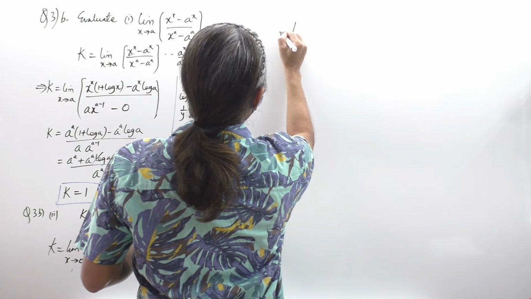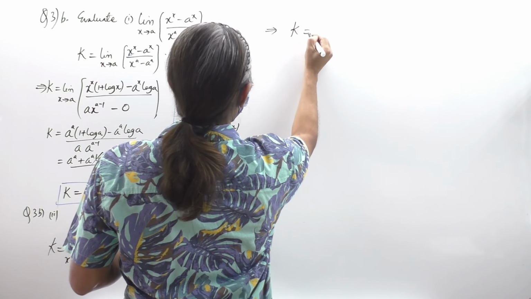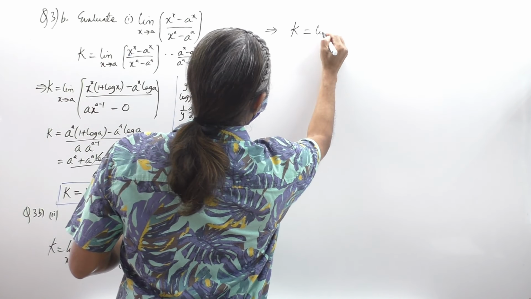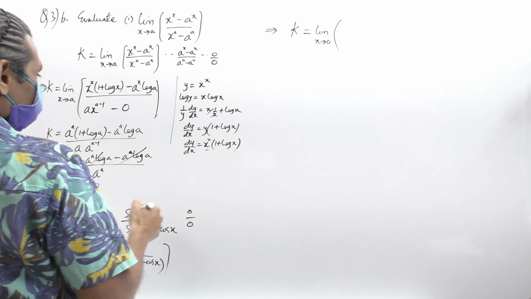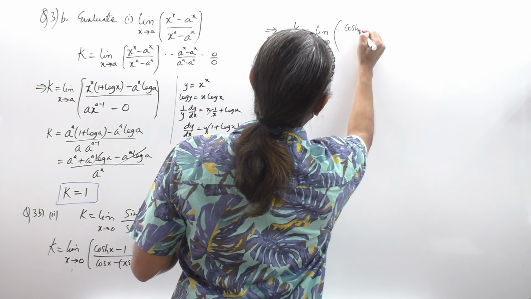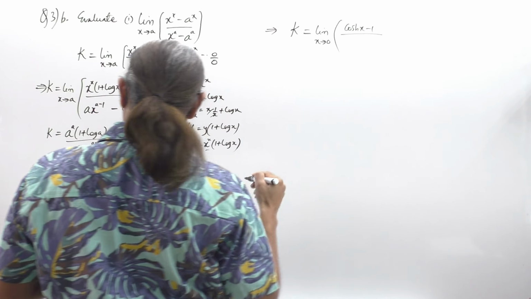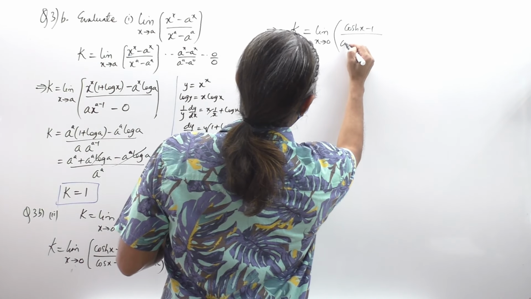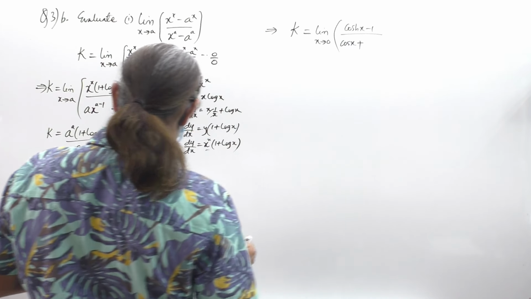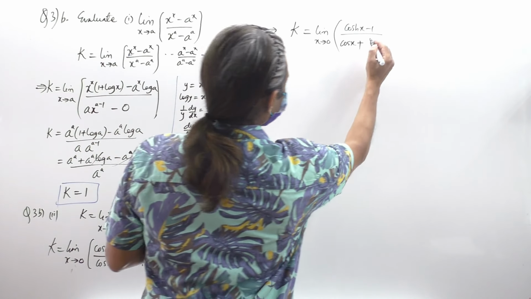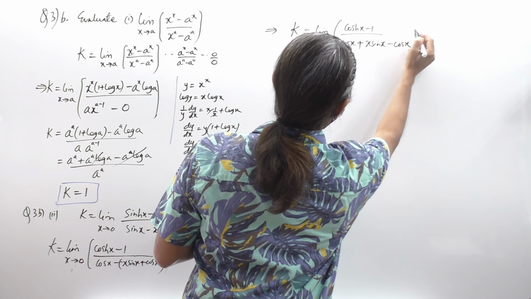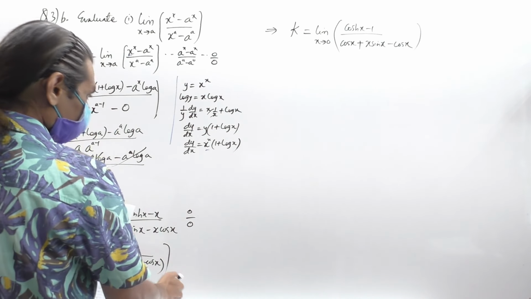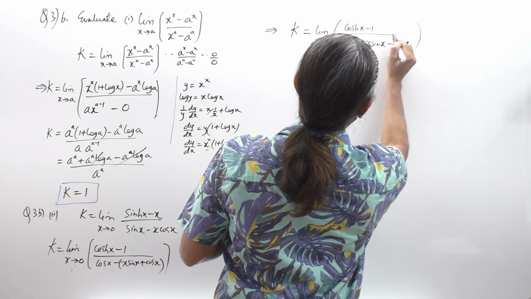So k is equal to limit as x tending to 0 of cos hyperbolic x minus 1, whole divided by cos x plus x sin x minus cos x, correct? When you open the bracket, minus cos x. So here cos x cancels.